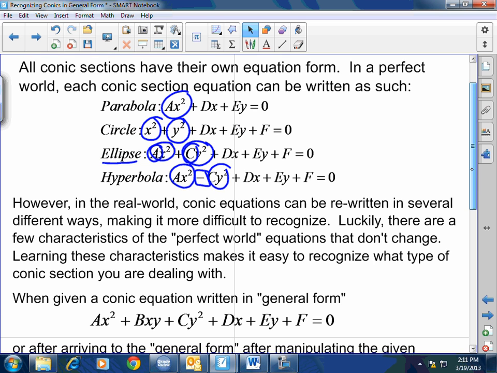However, in the real world, conic equations can be rewritten in several different ways, making it more difficult to recognize. Luckily, there are a few characteristics of the perfect world equations that do not change. Learning these characteristics makes it easy to recognize what type of conic section you are dealing with.